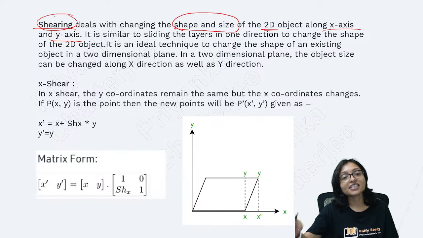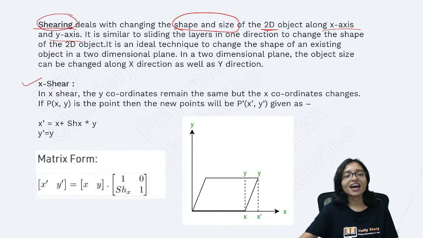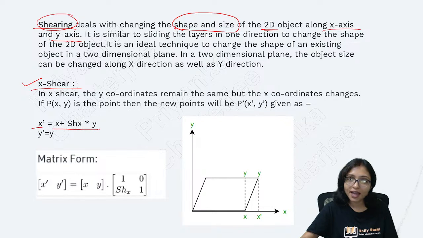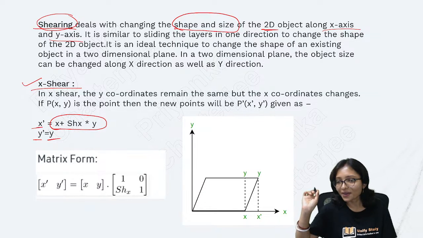Shearing is changing the shape also, size also. So x shear means x dash equals to x plus SHX dot y, and y dash equals to y. This is the shearing. Okay.